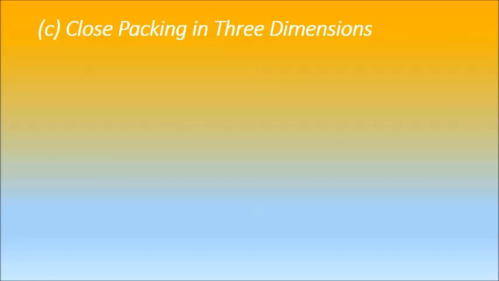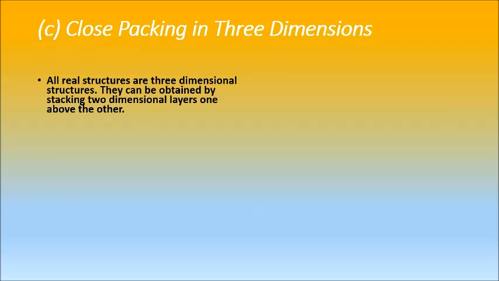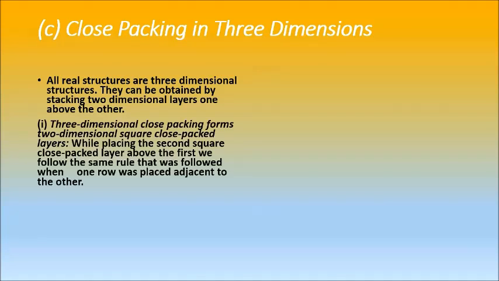Now let's talk about close packing in 3 dimensions. All real structures are 3-dimensional structures. They can be obtained by stacking 2-dimensional layers, one above the other. Let's see the first one. 3-dimensional close packing from 2-dimensional square close packed layers: while placing the second square close packed layer above the first one, we follow the same rule that was followed when one row was placed adjacent to the other.